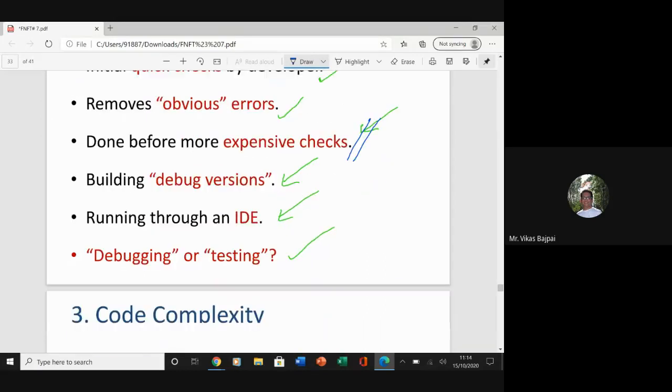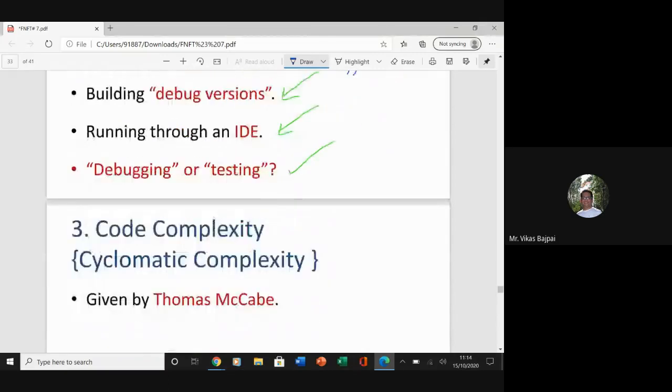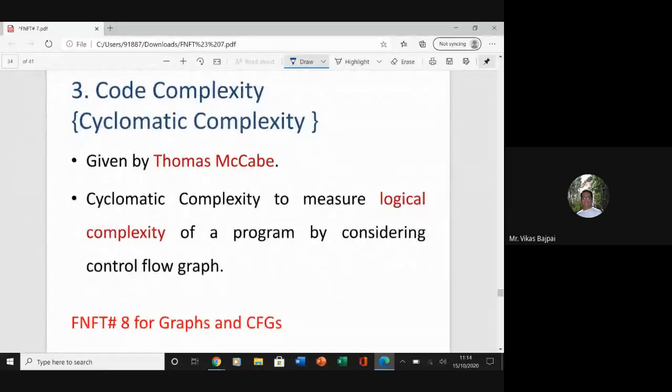Then we go ahead with the debugging part. We looked into the testing part, and today we are going to talk about code complexity. This deals with some basic terminologies of graphs, and we'll talk about that as well.